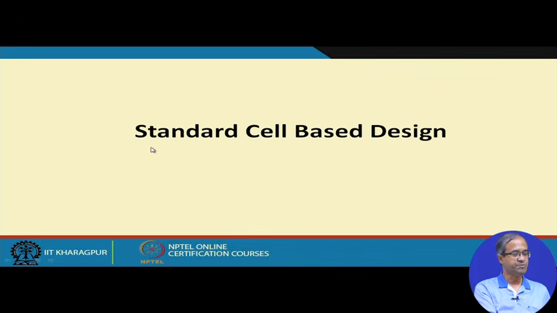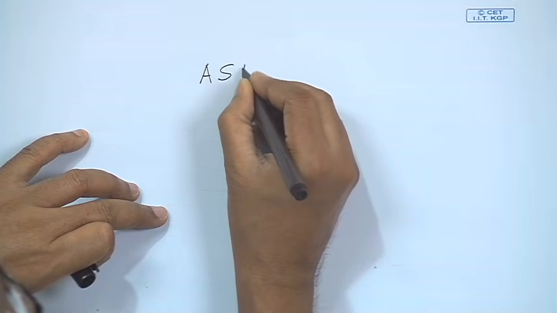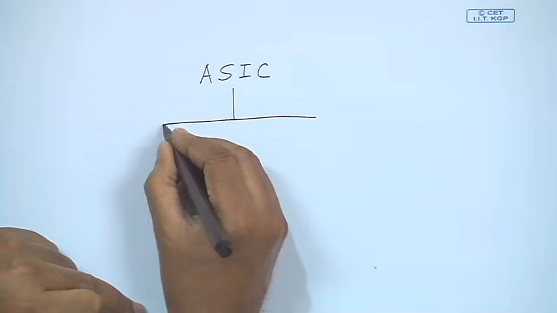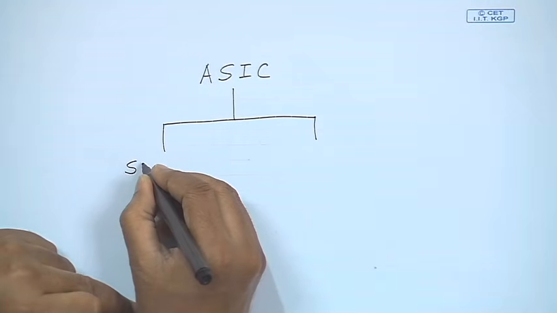Next let us move on to a standard cell based design style. Standard cell is one way to implement ASICs. Under ASIC, when we talk about application specific integrated circuit, there are two broad ways of going about the manufacturing.